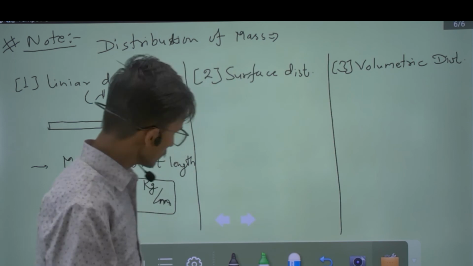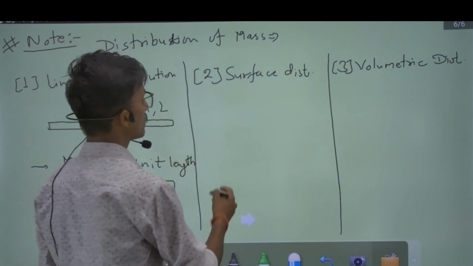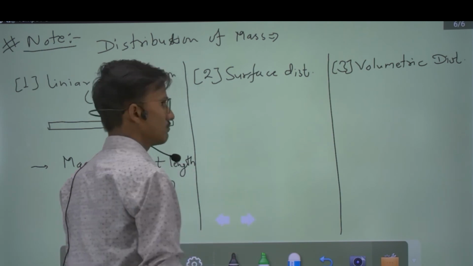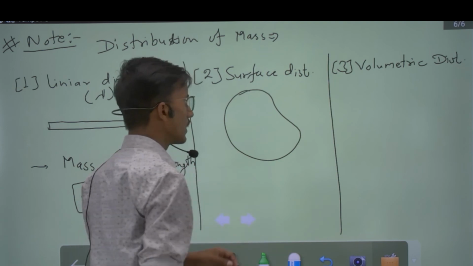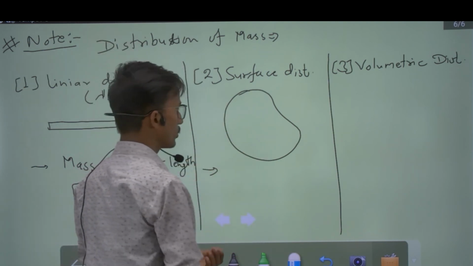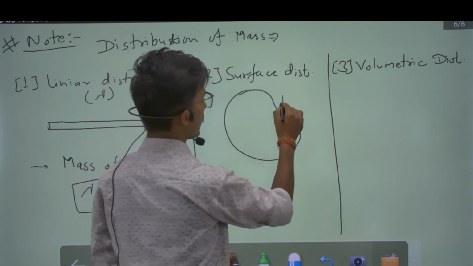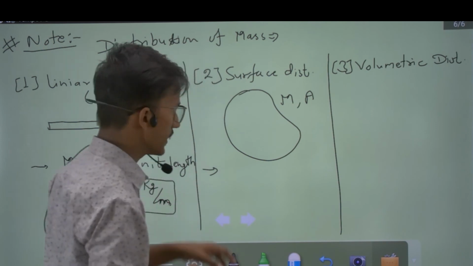Okay, now coming to the surface distribution. In surface distribution, what will happen? The surface is given like this. So the mass is distributed in a plane. M is given, the total mass, and area is given, that is the area of this body.